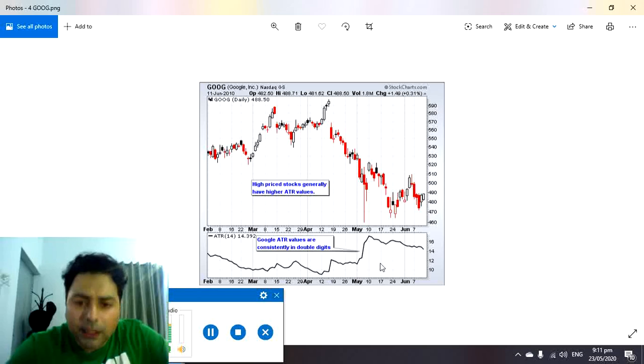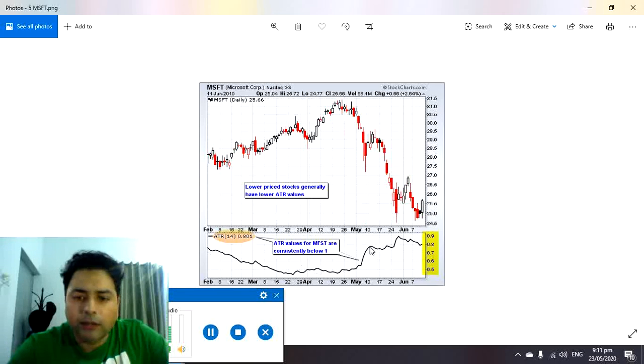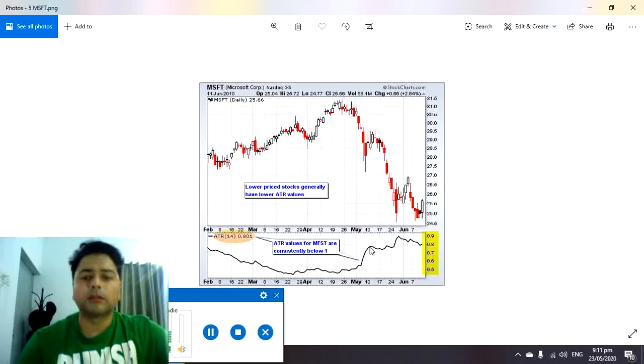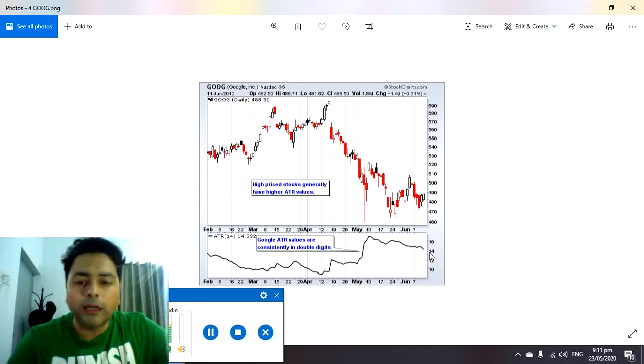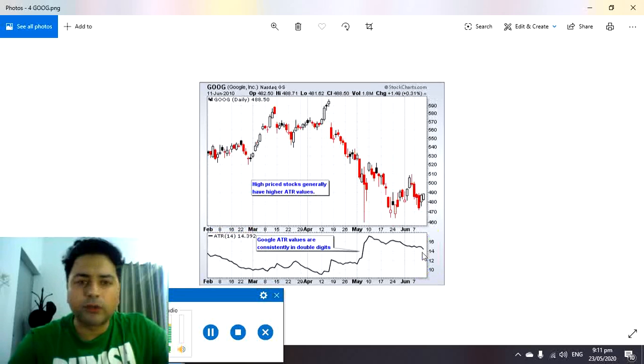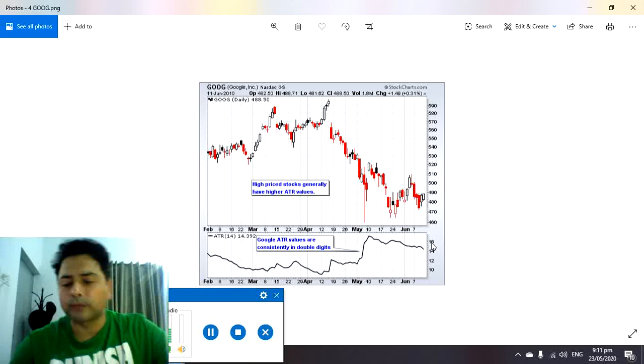Even though the lines of ATR are quite similar, the ATR value is quite different. It is quite high for Google because its share price is high, and for Microsoft it is very low, from 0.5 to 0.9. For Google, it ranges from $10 to $16.